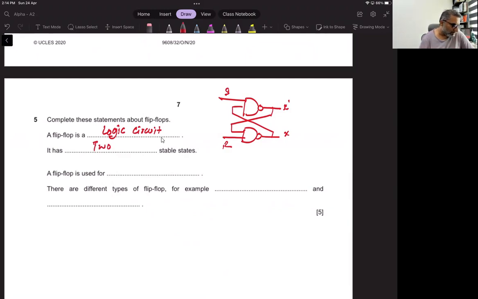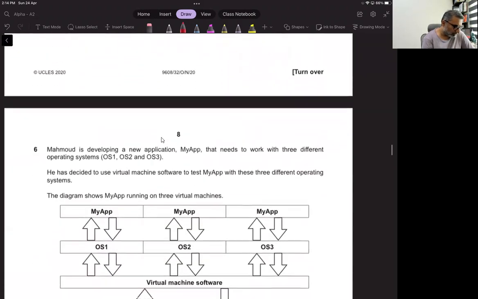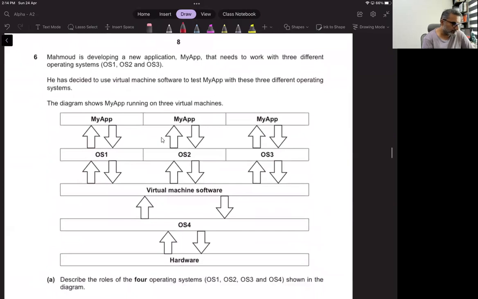A flip-flop is used for memory storage, a bit storage, or registers, or just data storage, or whatever storage. There are different types of flip-flop, for example, SR and JK. All right.